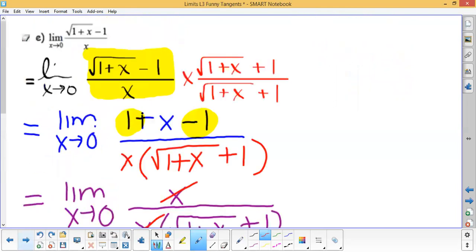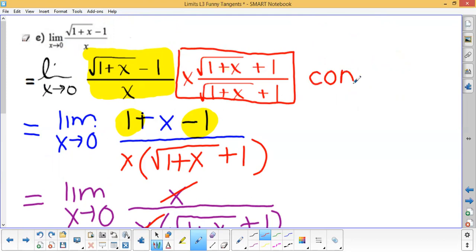Now for this original function, we have the limit as x approaches 0 of the square root of 1 plus x, minus 1, over x. Now this section in red over here, remember that that is called the conjugate. We have to multiply by the conjugate, even if it's in the numerator.